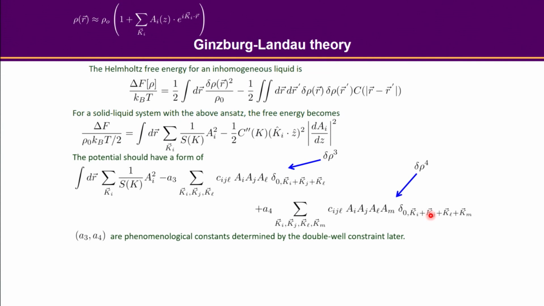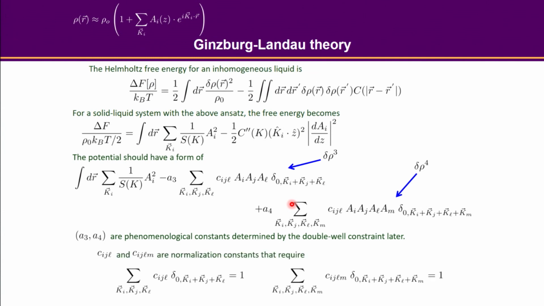So A3 and A4 are something we don't know yet, but we are going to fix them with the constraint of a double well potential, with one minimum at the liquid, A equals 0, and one minimum at the solid, when we know the solid amplitude. So let's not worry about A3 and A4. Let's talk about what the C_ijl or C_ijlm is.